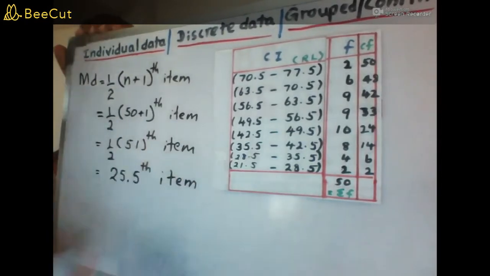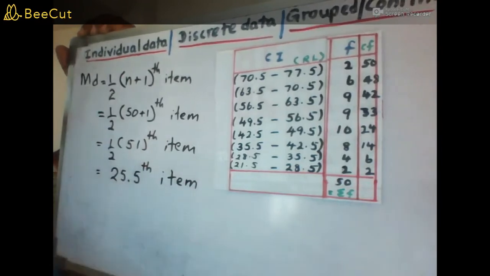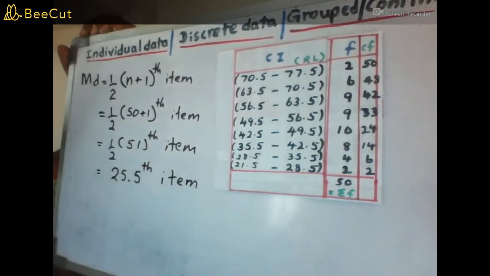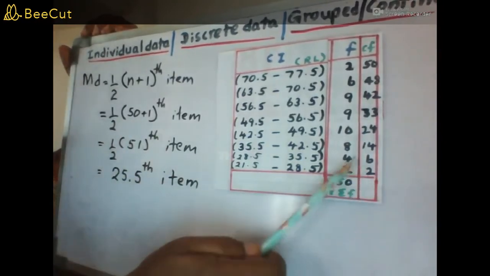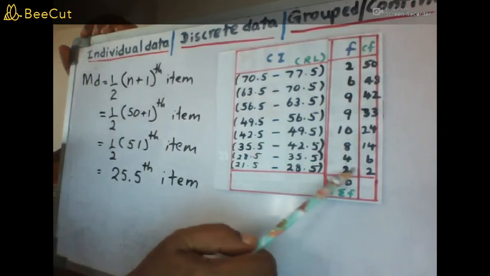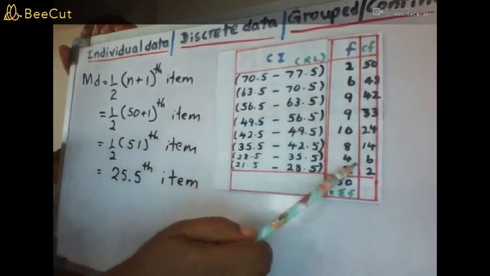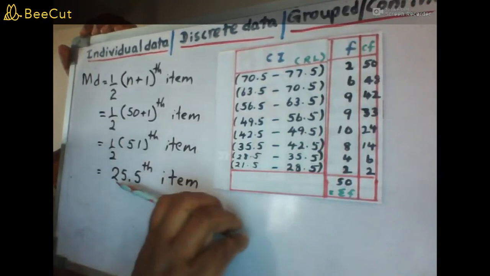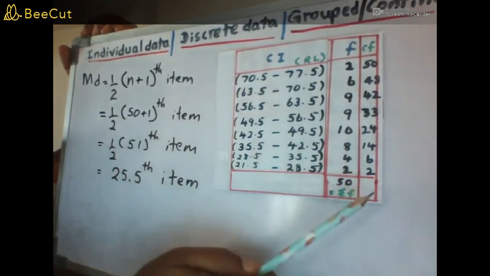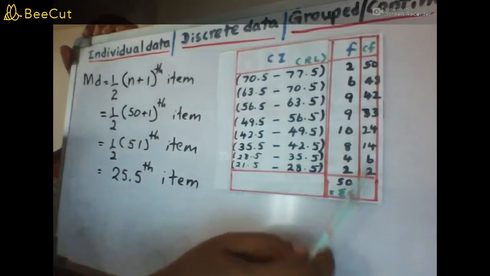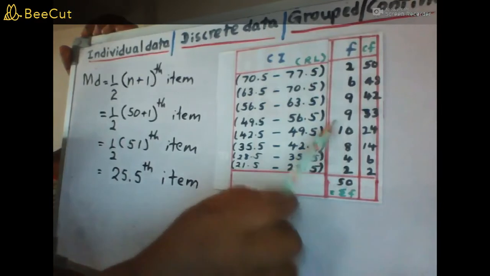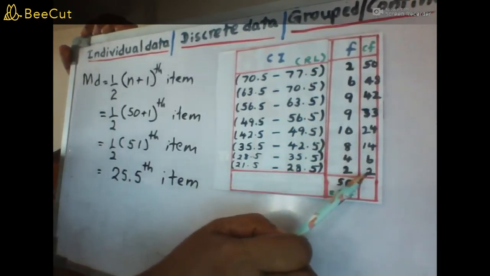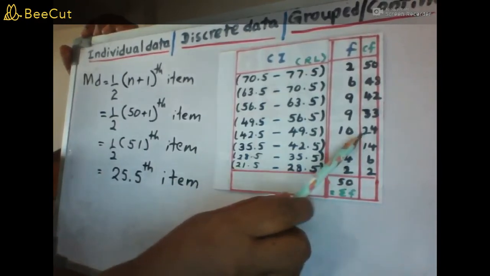Now, we have to find the value. So here, when we get the cumulative frequencies, these are the number of students. We have to find 25.5. That's the place. Up to here, 24 students.